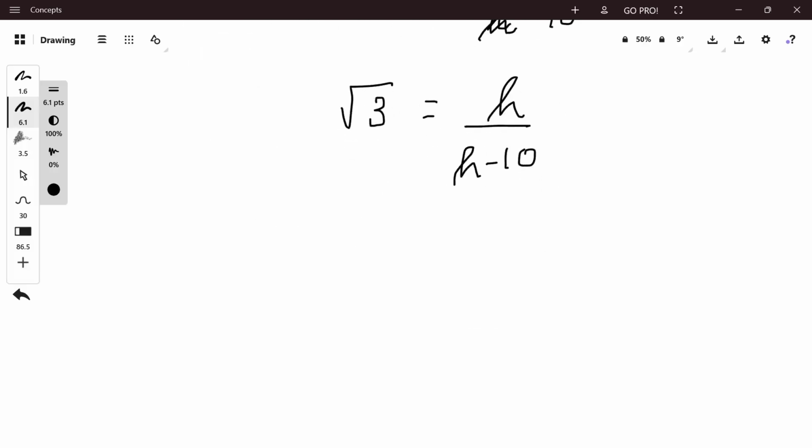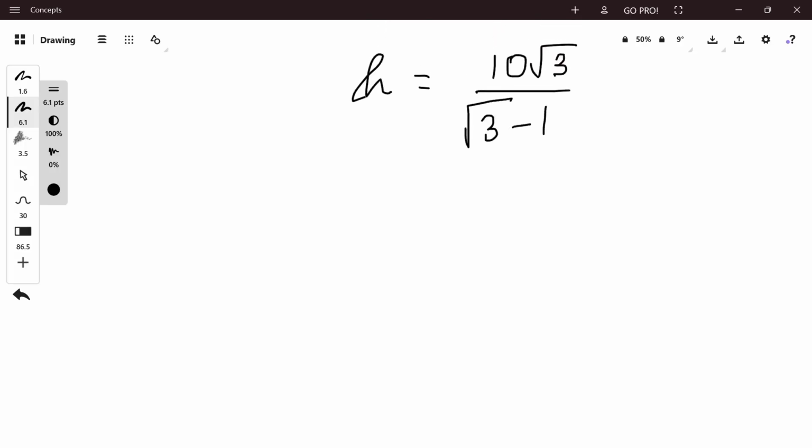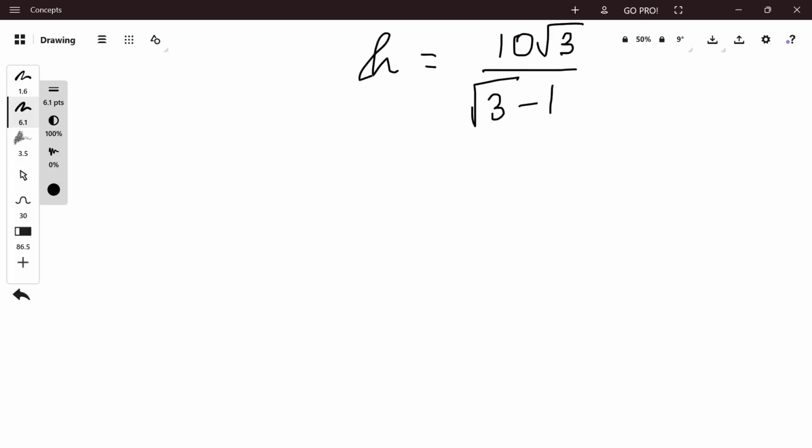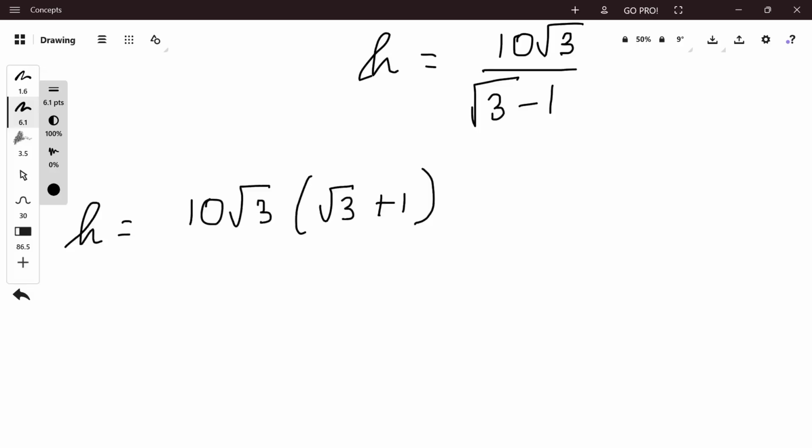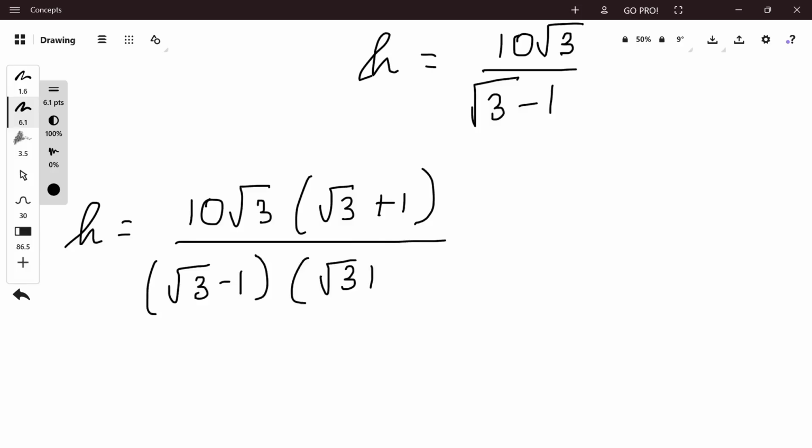Solving for h, h is equal to 10 root 3 upon root 3 minus 1. To rationalize the denominator, multiplying the numerator and denominator by root 3 plus 1, we have h is equal to 10 root 3 into root 3 plus 1 upon root 3 minus 1 into root 3 plus 1.